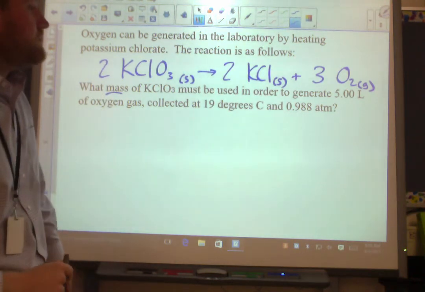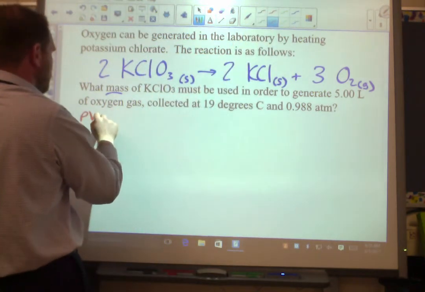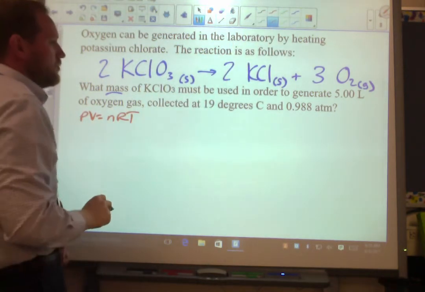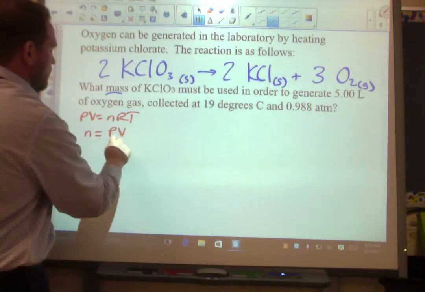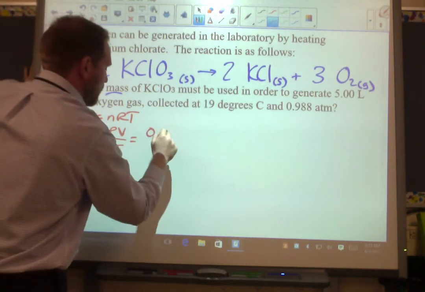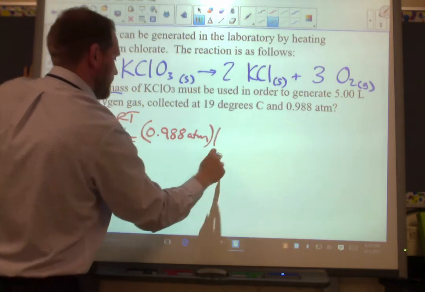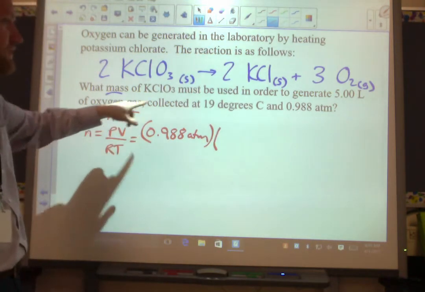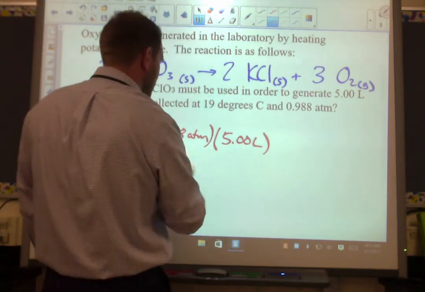All right, so let's see. PV equals nRT. We're solving for moles of oxygen gas, so we're solving for n. n equals PV over RT, which in this case is my 0.988 atm, no conversion needed. V is volume, 5.00 liters. Again, no conversion needed.